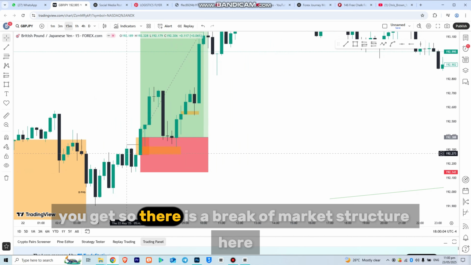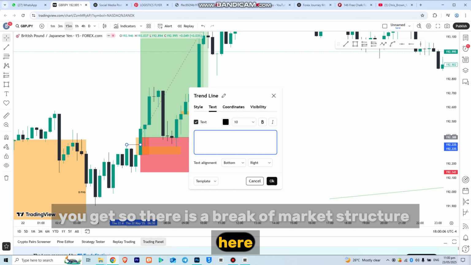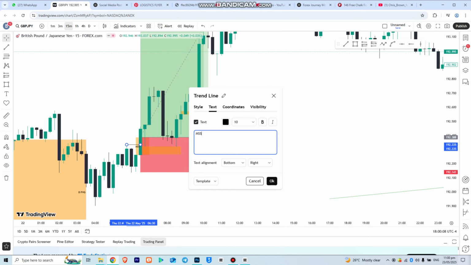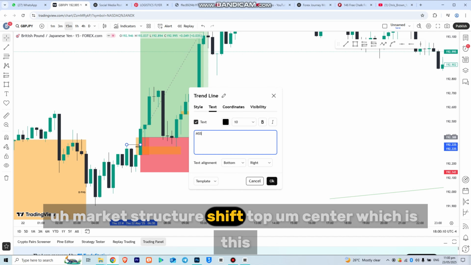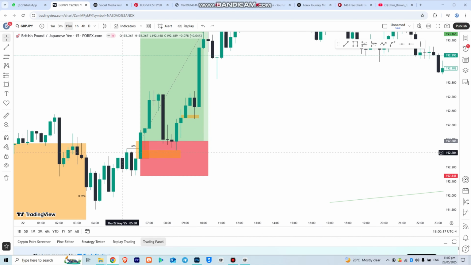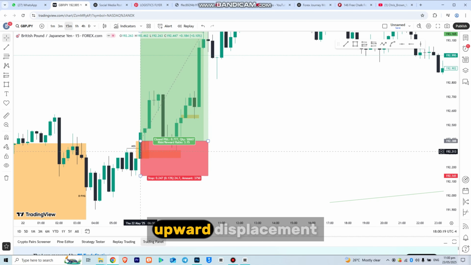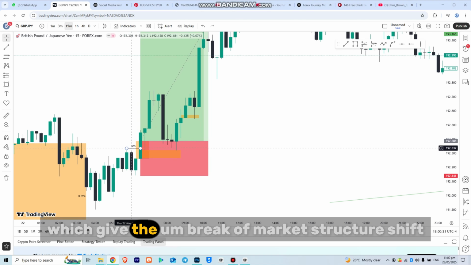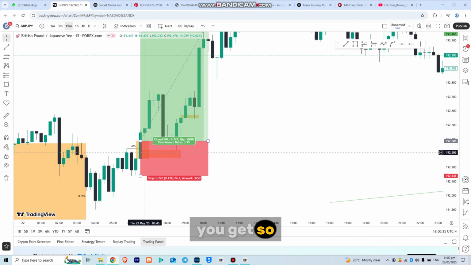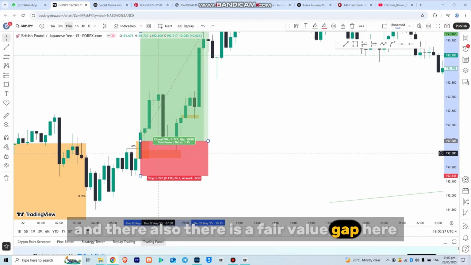So there's a break of market structure here. Market structure shift, which is this. Then there's an upward displacement, which gave the break of market structure shift, and also there is a fair value gap here.